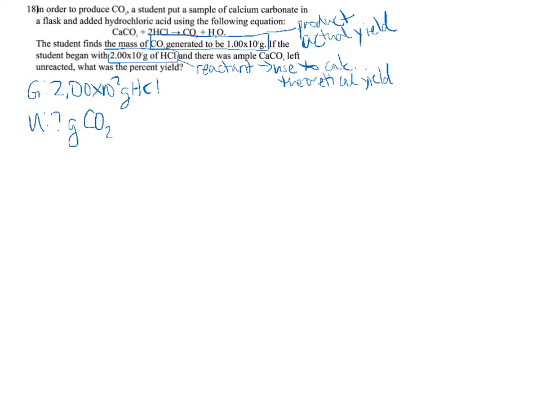So in order to go from grams of HCl into grams of carbon dioxide, we got to go from grams of HCl into moles of HCl into moles of CO2, and then into grams of CO2. So this is a three-step conversion, just like always.